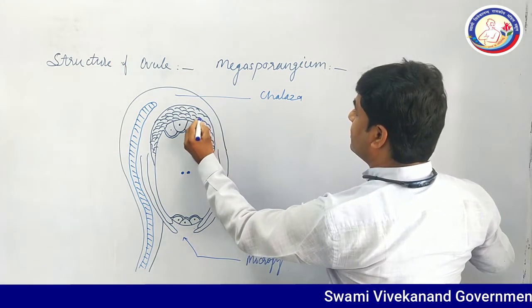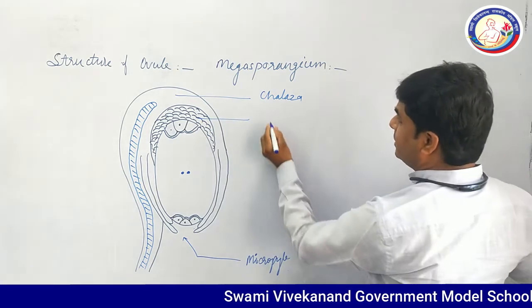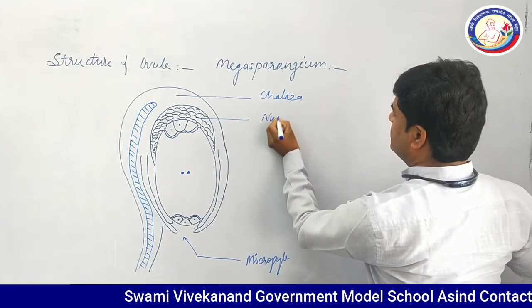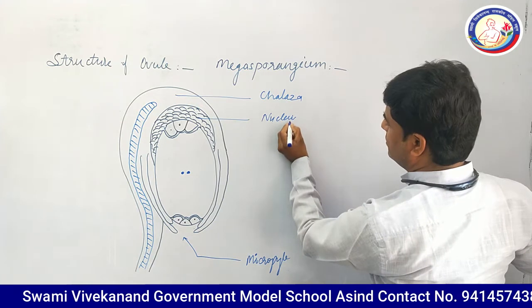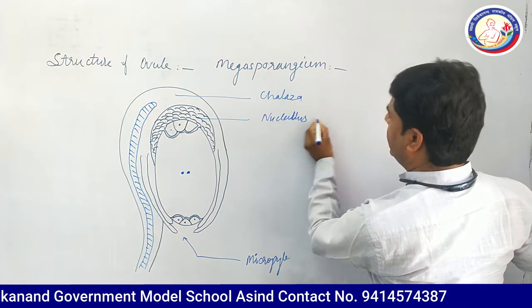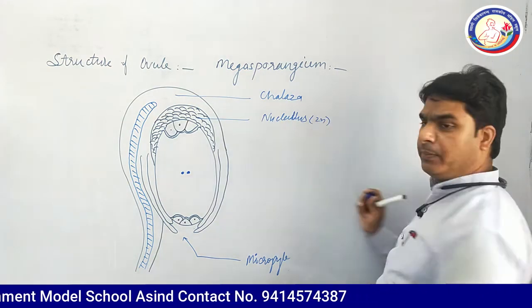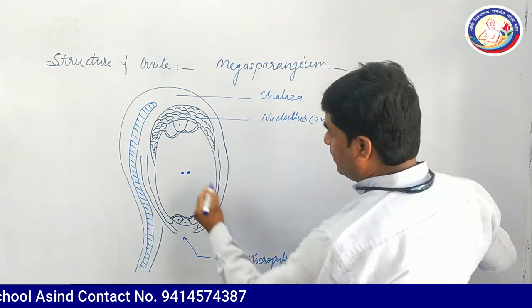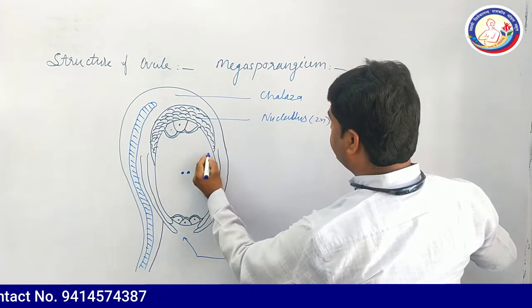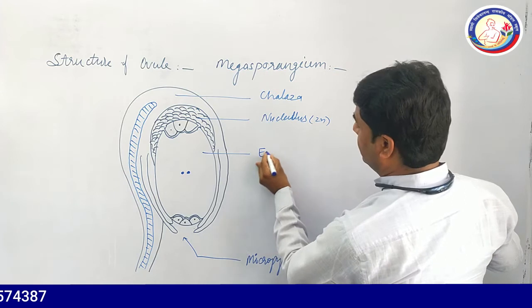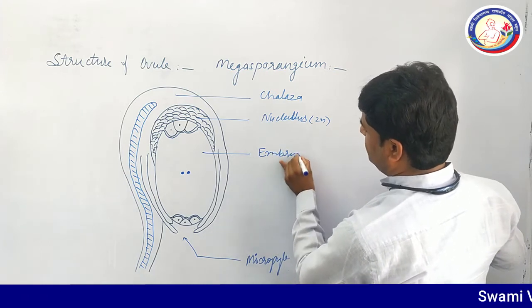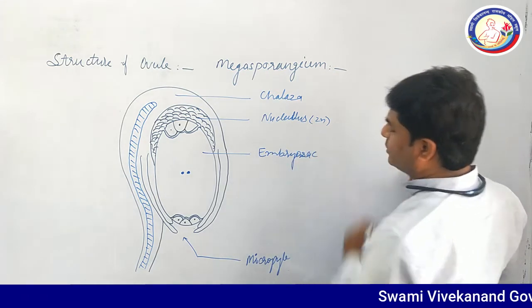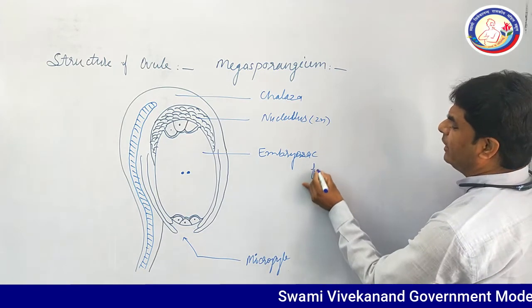This structure is known as nucellus. It is made of diploid cells. The central part of the ovule is known as the embryo sac. It is also known as the female gametophyte.